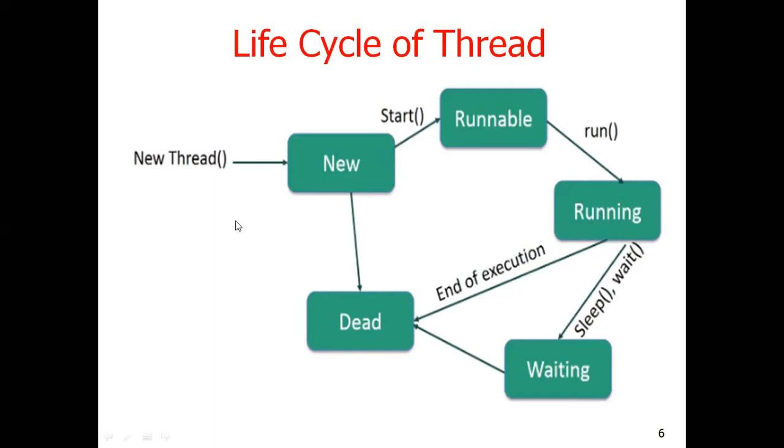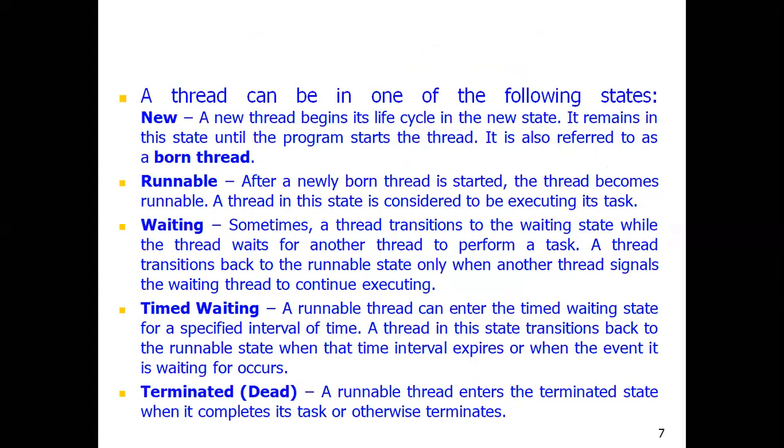Then if a thread is created and we have not called any start or run method for that thread, it may directly go to the terminated or dead state. Okay, so this is the life cycle of a thread. The explanation of each state is here. You can just read it out.